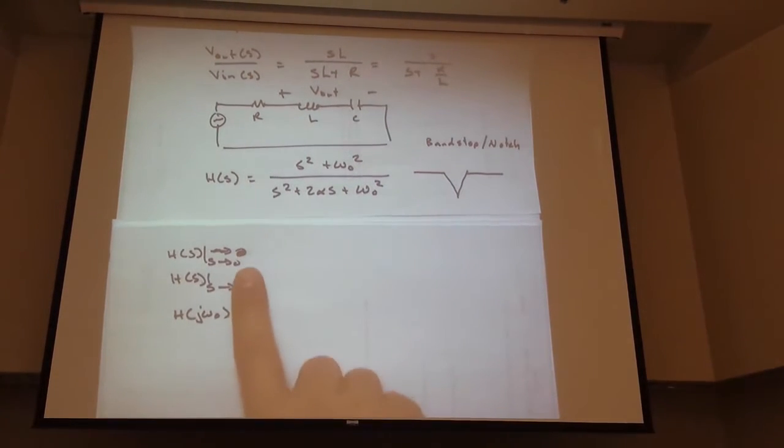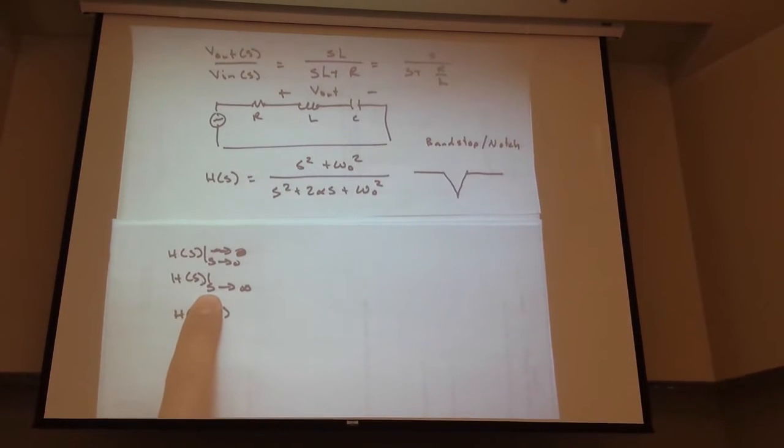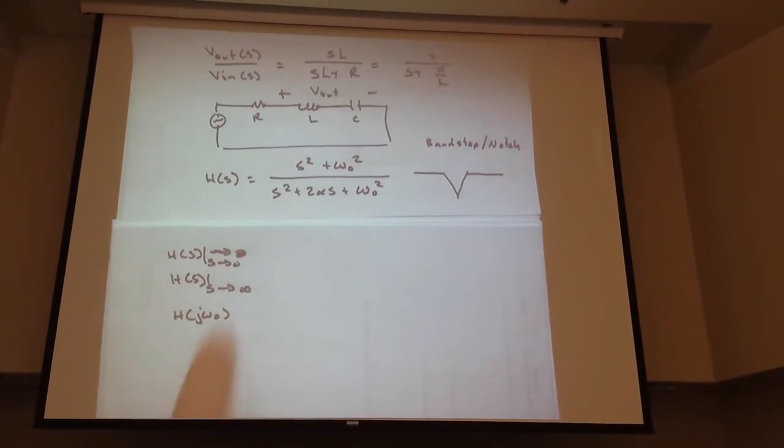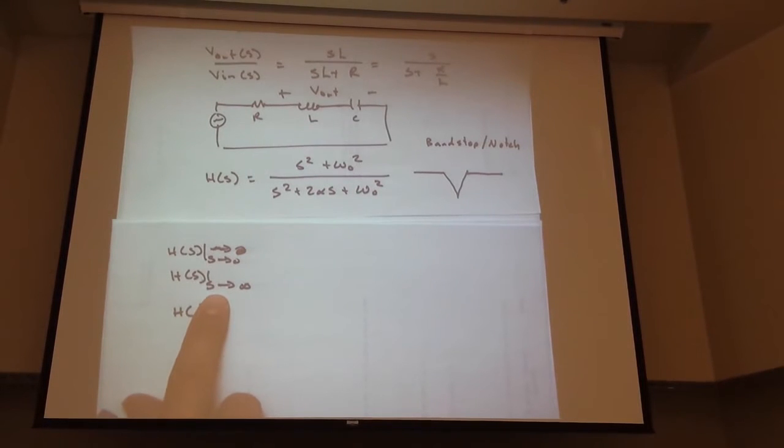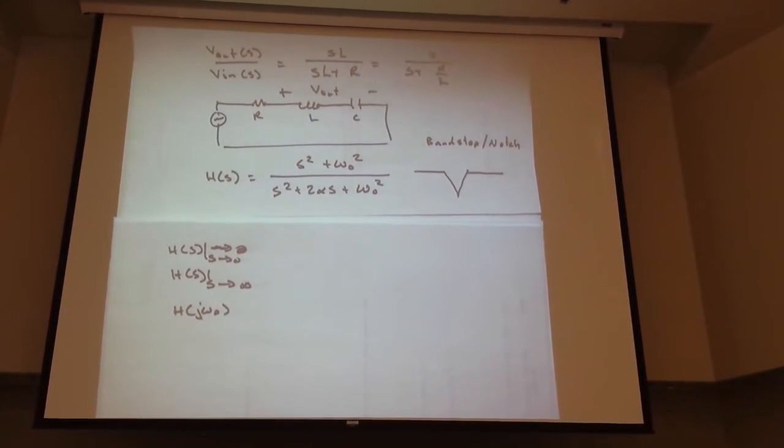Where this goes to 0 and this goes to 1, there's your high pass filter. This goes to 1, this goes to 0, there's your low pass filter. These both go to 0, this goes to some finite value, there's your band pass filter. And then the flip side, this goes to 1, this goes to 1, this goes to 0, there's your band stop filter, which we just saw in that previous slide.